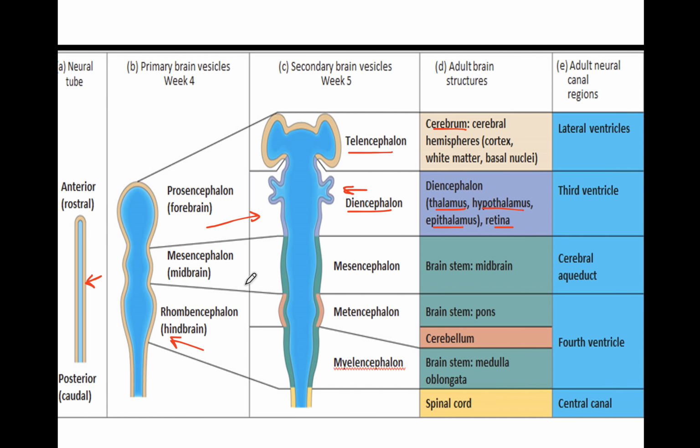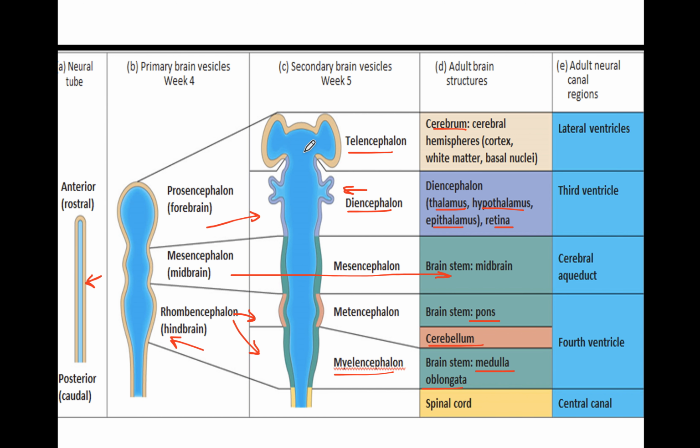Here will be kept as one, the mesencephalon, our future midbrain. And we can see here it is divided into 1 and 2. Metencephalon will give us the pons and cerebellum, whereas the myelencephalon will give us the medulla oblongata.